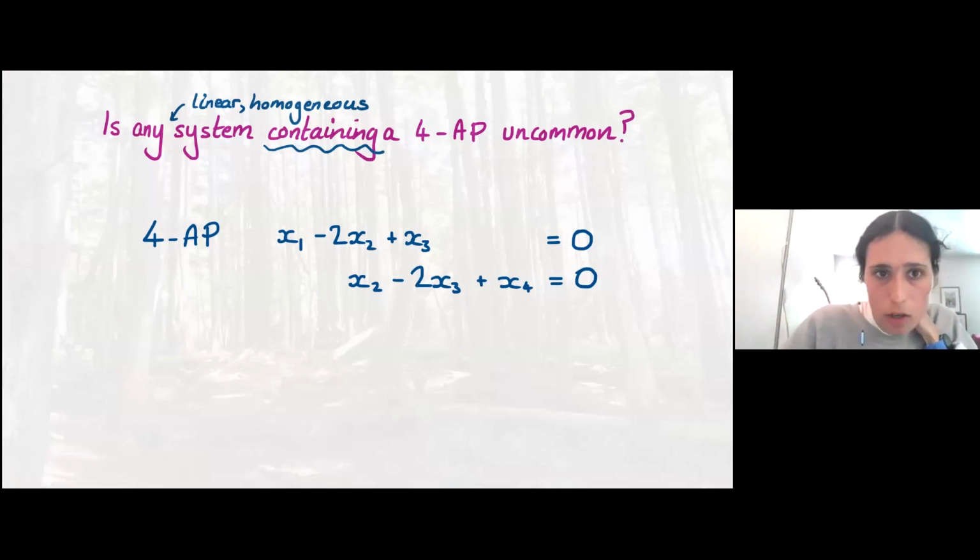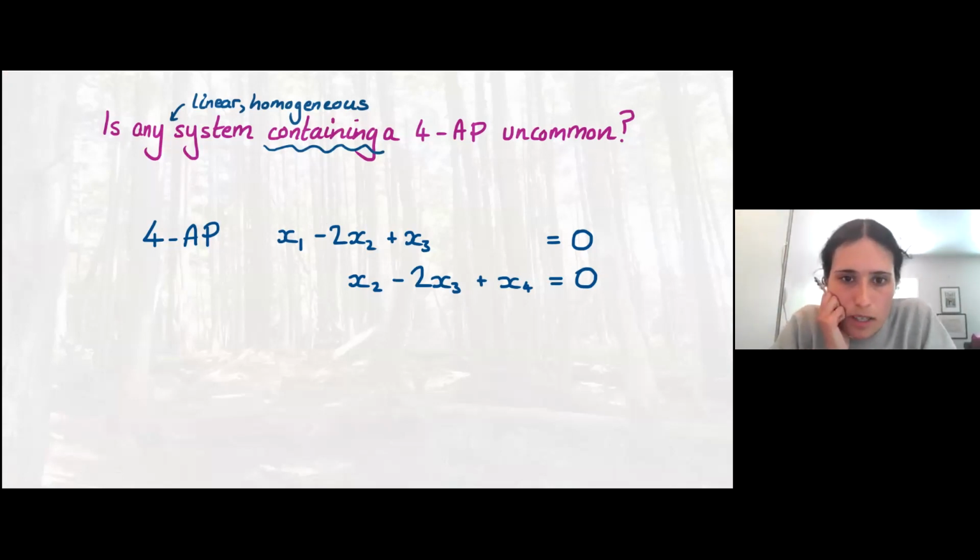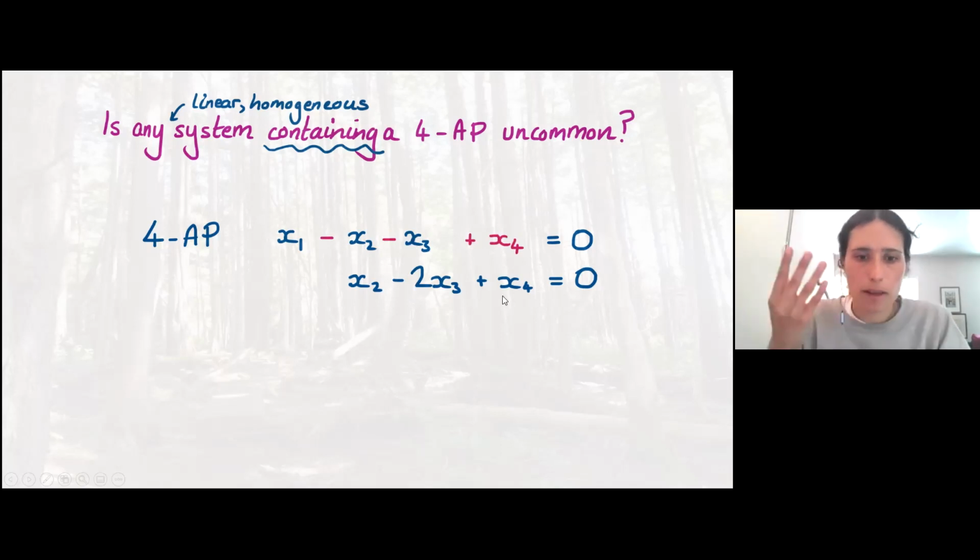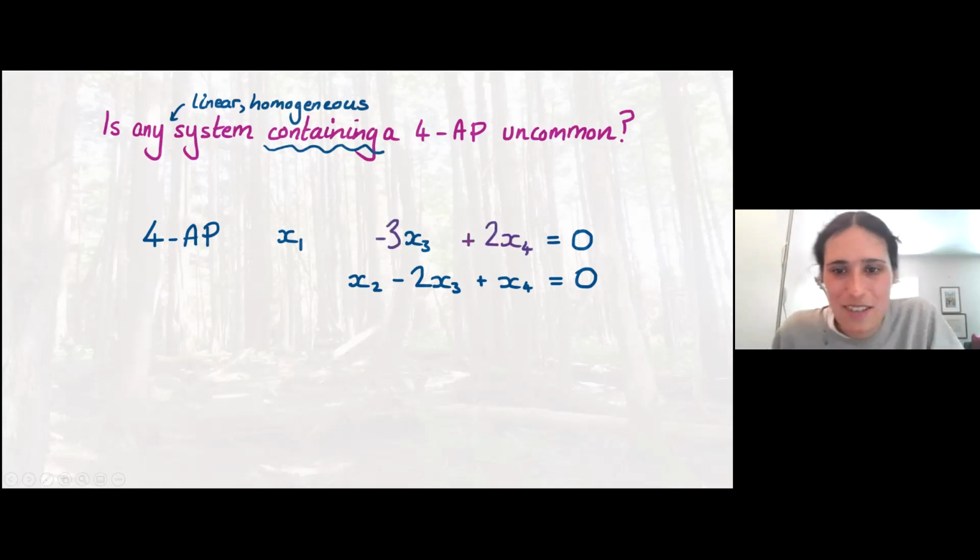But just an observation which you've probably made is that a 4AP, you can express it in many, many different ways. Somehow the best way to think about this thing is to think about the parameterization of the solutions, because if you add multiples of these equations to each other, it's still a 4AP. It just doesn't look like one anymore necessarily.